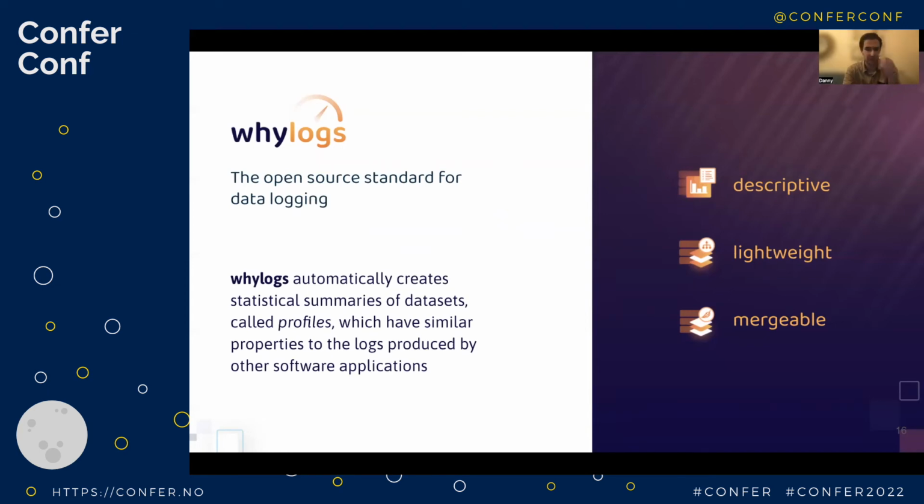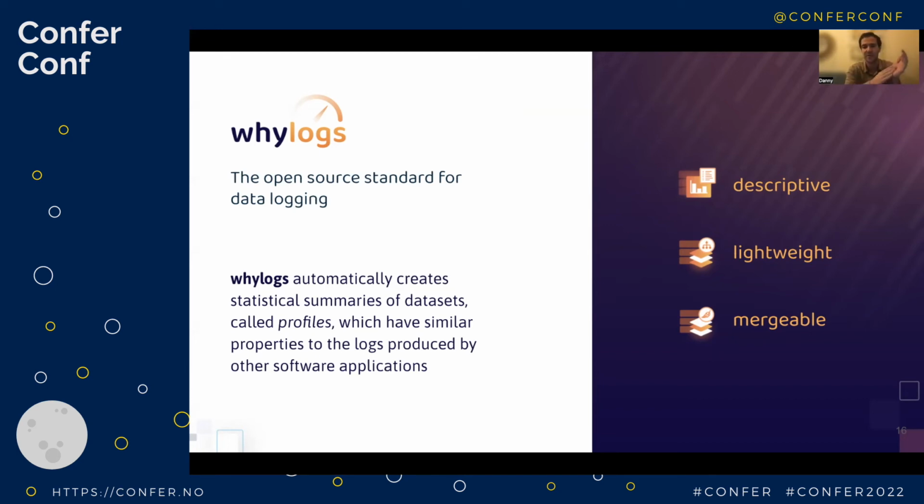Mergeability is its own, entirely interesting presentation that I could give. But basically, you can take two YLogs profiles, combine them together, and as a result, create an entirely new profile that represents both of the previous profiles. This might sound a little bit abstract, but it has some really cool applications in terms of being able to monitor distributed systems, like if you're using Ray or Spark or Dask or Modin, any of these systems for doing distributed compute on machine learning.